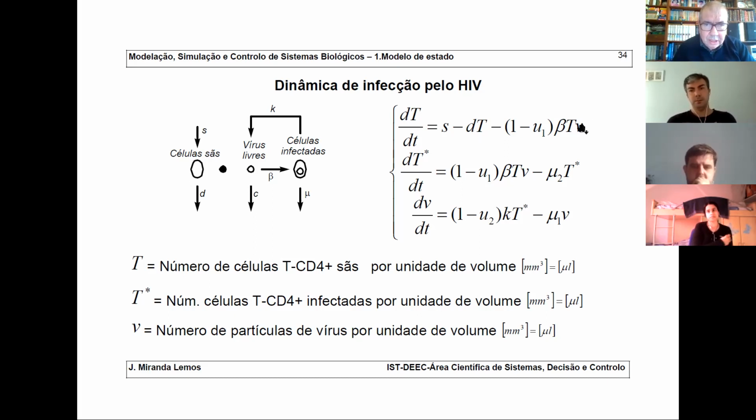Now, you also have this term here. Forget about this term between brackets. It's a negative term, and you assume that the reduction of healthy cells due to infection, turning healthy cells into infected cells, is proportional to the product of the concentration of healthy cells and virus particles, which is reasonable.